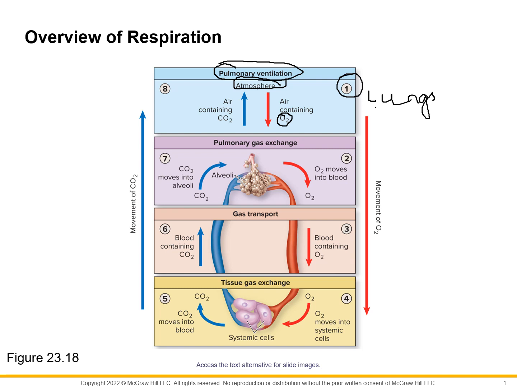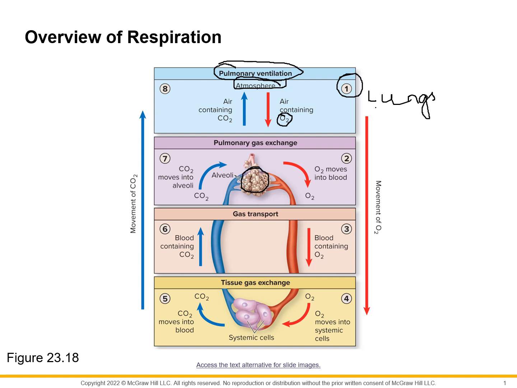Now it's reaching your alveoli, right? So when we inhale, air enters all the way through our bronchial tree, which I explained in the last video. It goes through the bronchial tree, including the bronchioles, and it's going to enter your alveolar sac.